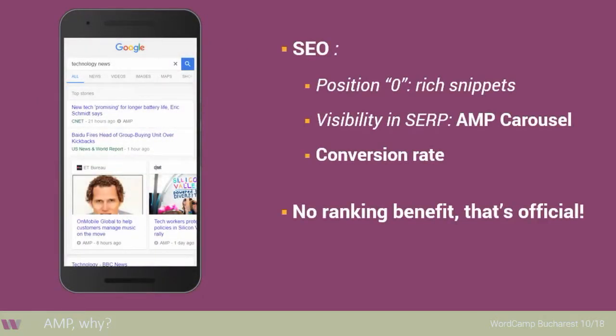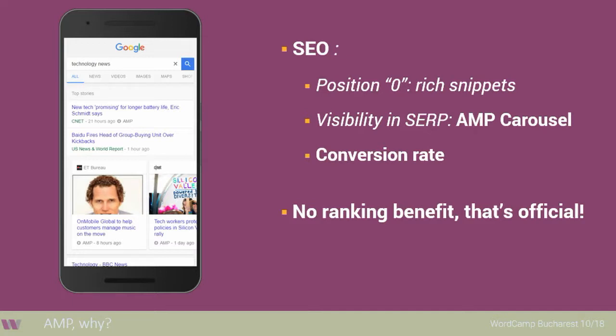There's another benefit, which is what AMP was known for first and foremost, at least at the beginning. There's the so-called SEO advantage. So let's be clear. Having AMP pages on your site is not going to make your site rank better. You're not going to move upwards in the rankings just because you have an AMP page.